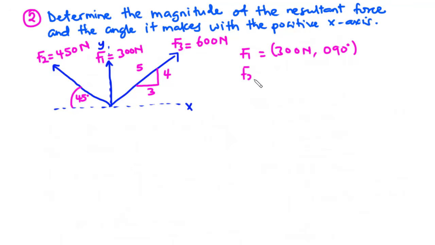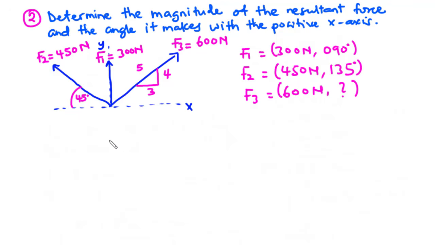Now for F2, we have a force of 450 newtons. From this point to this point, we have 90 degrees, and if here is 45, we also have 45 here. So 90 plus 45 is 135. And for F3, we have 600 newtons, but we don't know the angle as of now. So let's find the x components.